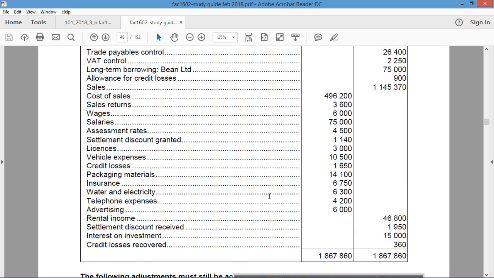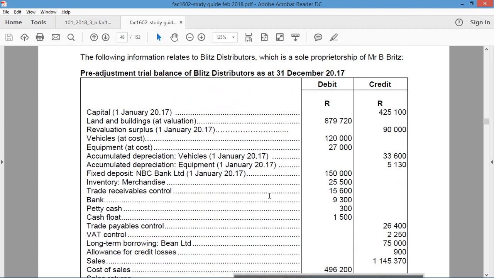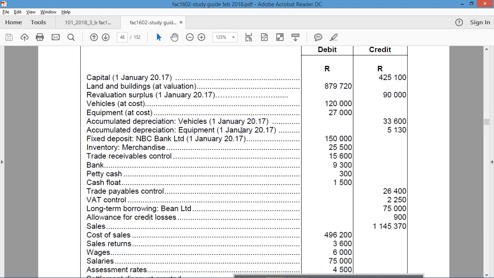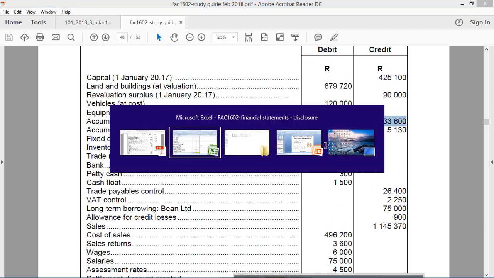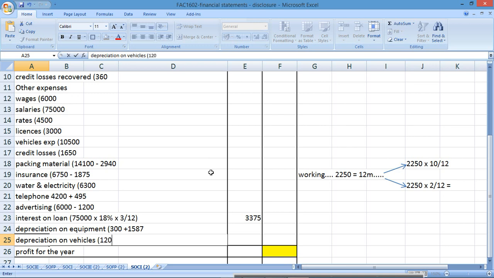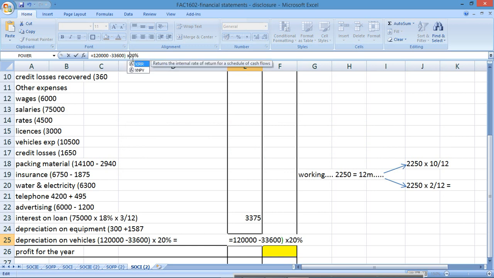Yes. So where is my vehicle cost? Let's find it, 120,000. And what is my accumulated depreciation? 33,600. So it would be 120,000 minus 33,600, times 20%. Why is it not adding? Oh, because of the bracket.